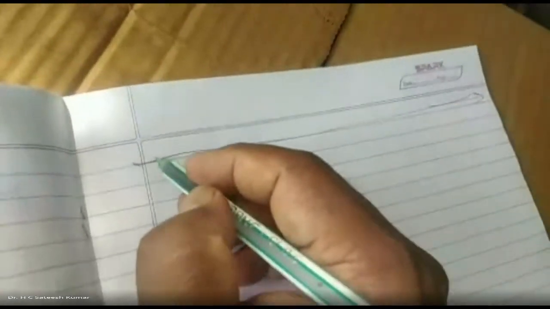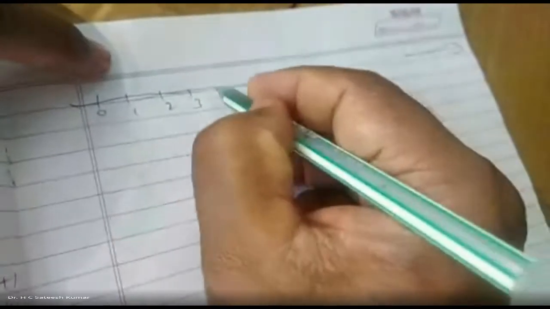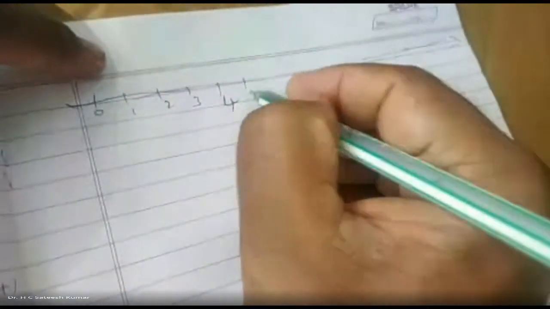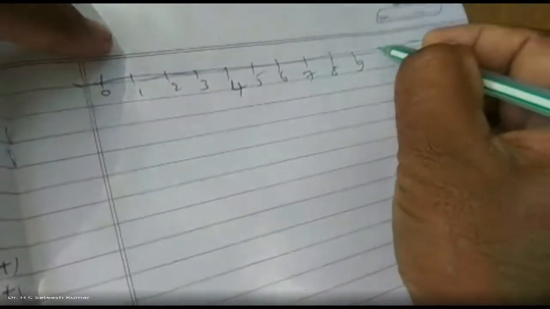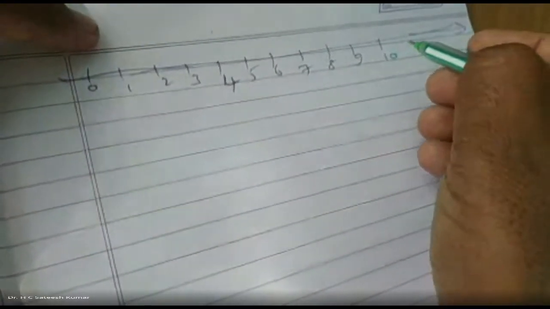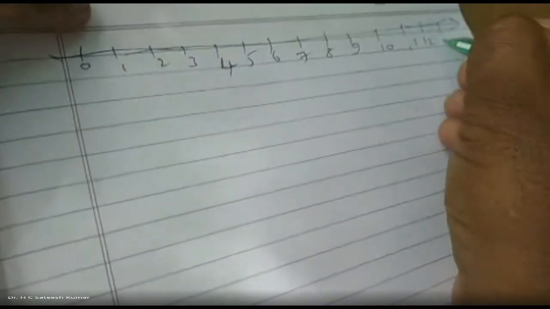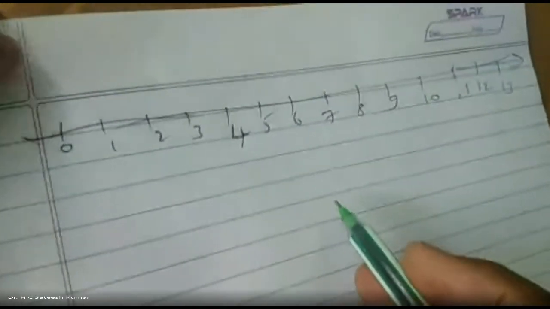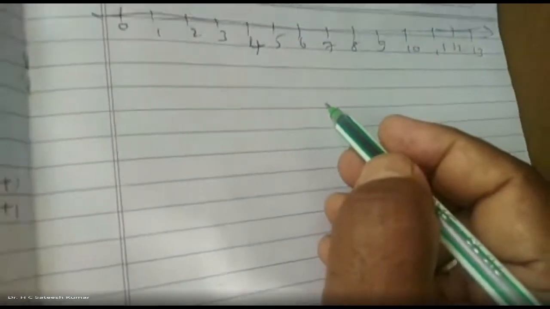N less than 0, it is 0. Then 0, 1, 2, 3, 4, 5, 6, 7, 8, 9, 10, 11, 12, 13. Less than 0, it is 0. At 0, its value is 1.